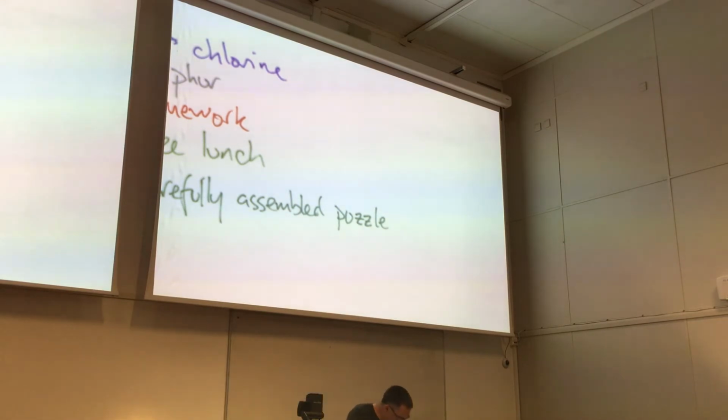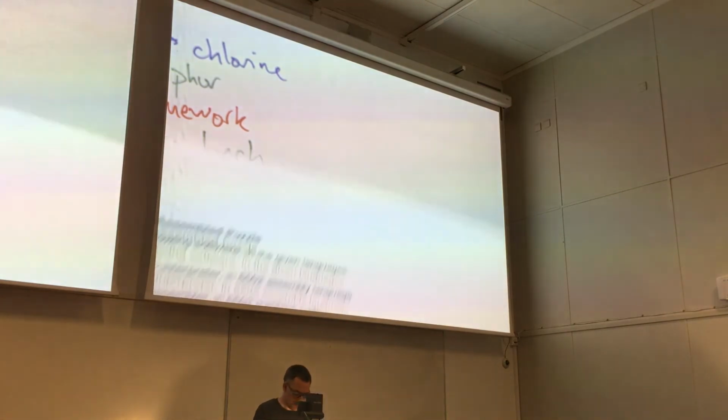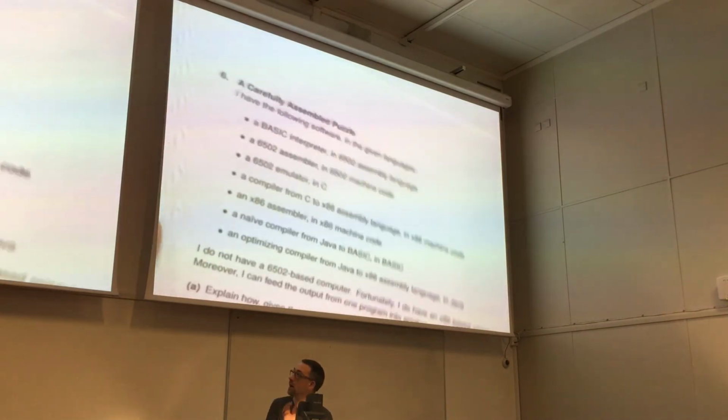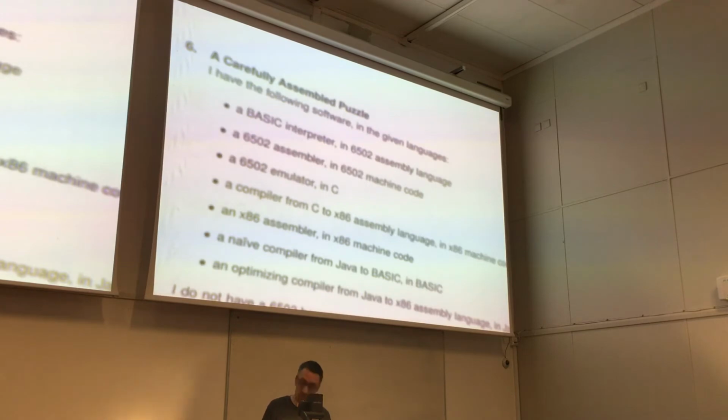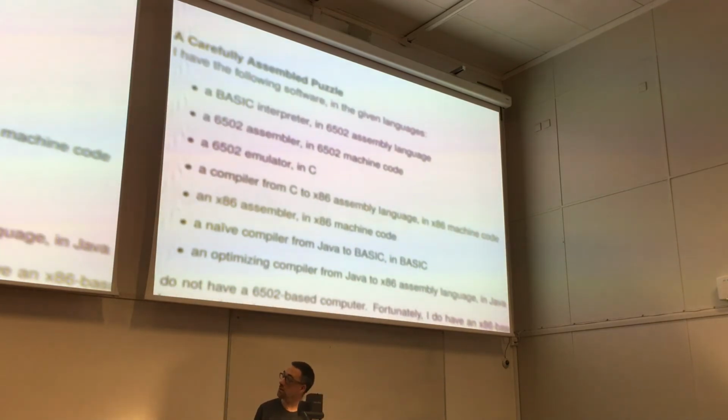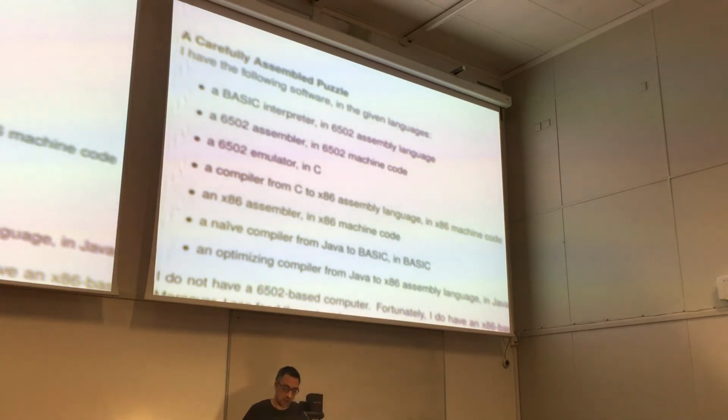I've got another typical topic 8 puzzle for you. Let's see if we can get through it. Right. Jeepers, that really isn't focusing at all. I shall read it out to you. So it says, the thing is called a carefully assembled puzzle.